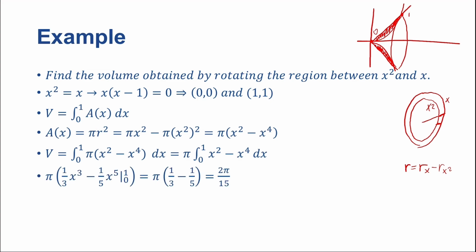So we get pi times 1/3 x cubed minus 1/5 x to the fifth, evaluated between 0 and 1. Of course, the 0 term goes away. That gives us pi times 1/3 minus 1/5, and if we do out that arithmetic, that gives us a final sum of 2 pi over 15. And that is our final answer for this example.